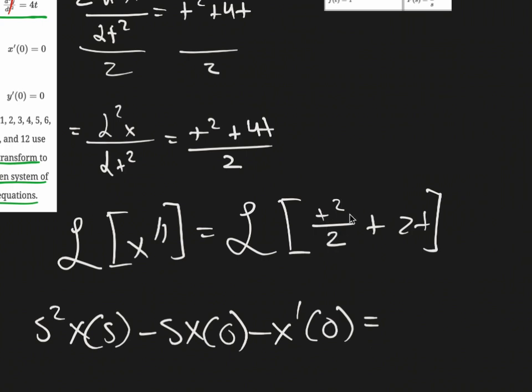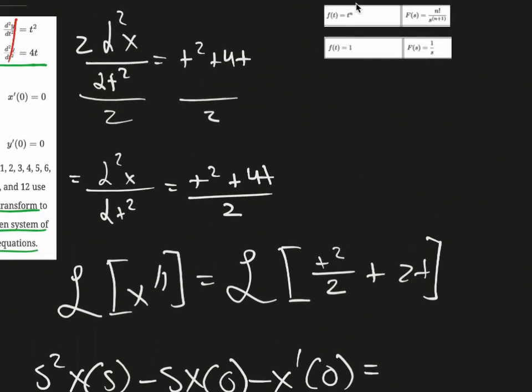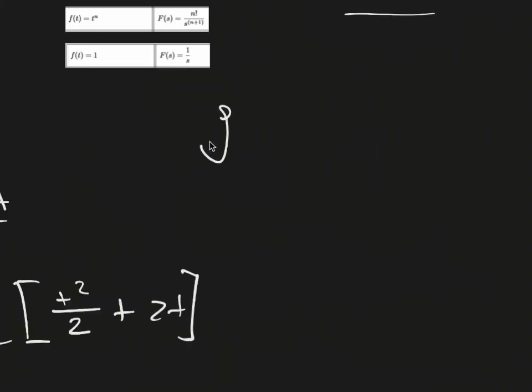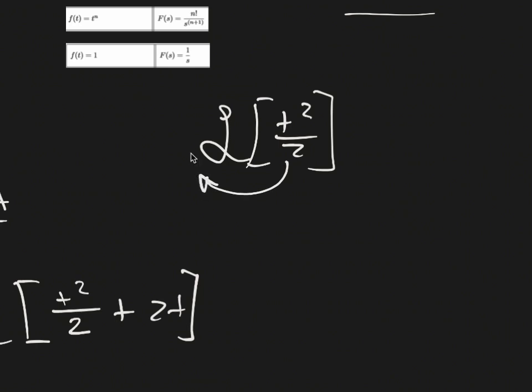For t squared over 2, we are going to have to invoke this top rule up here. So how should we do that? Laplace of t squared over 2. Because it will be easier to just work with t squared, we're actually going to bring this 1/2 out, and in the middle, we can just leave t squared. So whatever our exponent is going to be n, n is going to equal 2 here. And then we're just going to plug in wherever we see n.